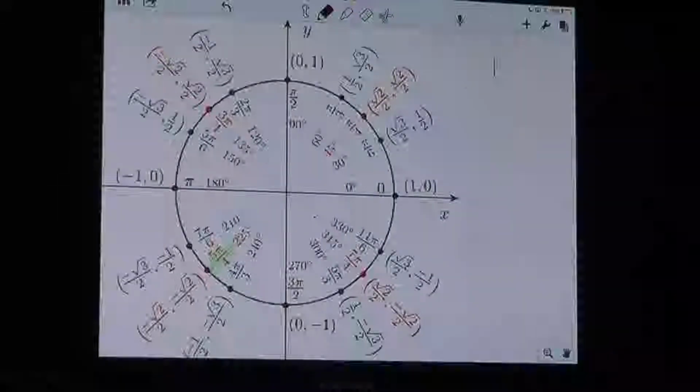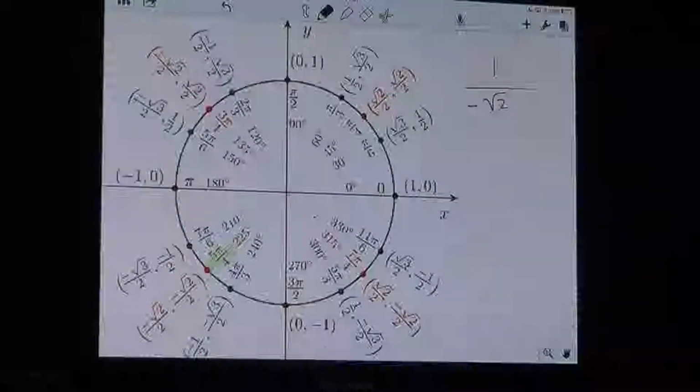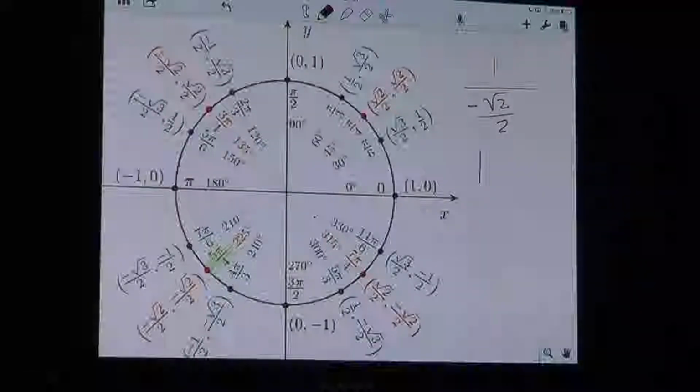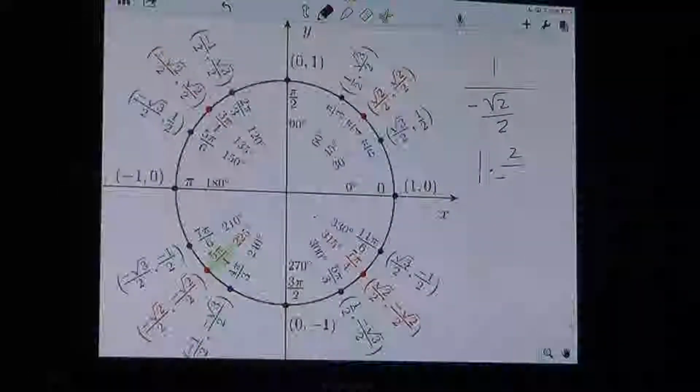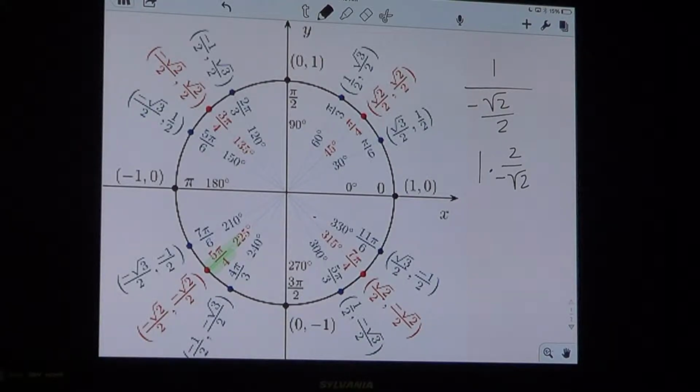But 1 over negative square root 2 over 2 would be like 1 times 2 over negative root 2, times root 2 over 2, or root 2. So that would be 2 root 2 over 2, and it's negative, and then the 2s would cancel, so it would be negative. That's what I did, I just didn't cancel the 2. Okay. That's fine. And 11.